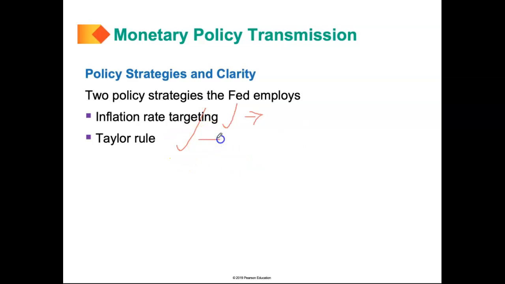Now we'll look at the Taylor rule in more detail. This was named after the economist who found it, John Taylor from Stanford University. Okay, so these are the two rules most central banks decide to use. The majority of the time, the Fed is employing the Taylor rule instead of the inflation targeting rule.